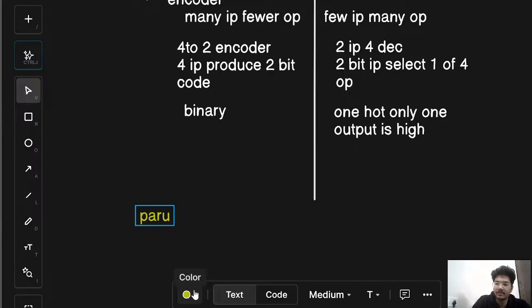Priority or parity? Priority encoder. So what is a priority encoder?